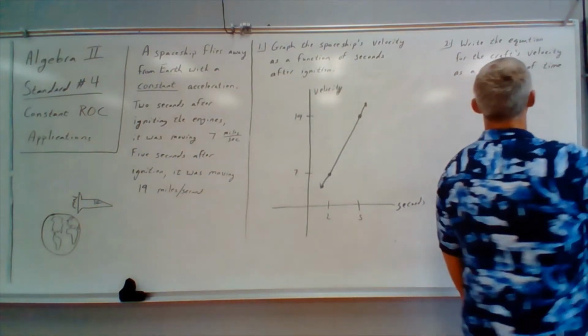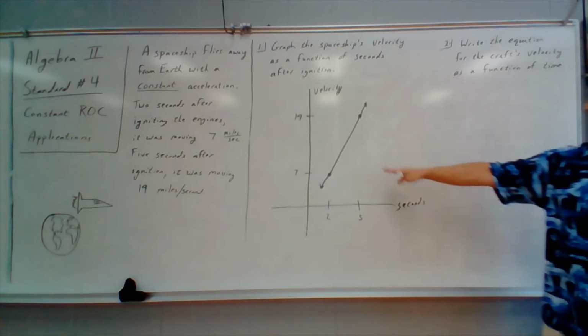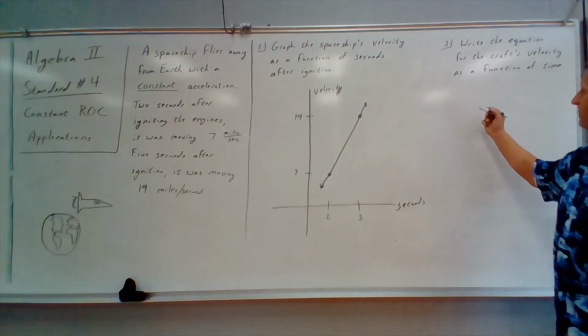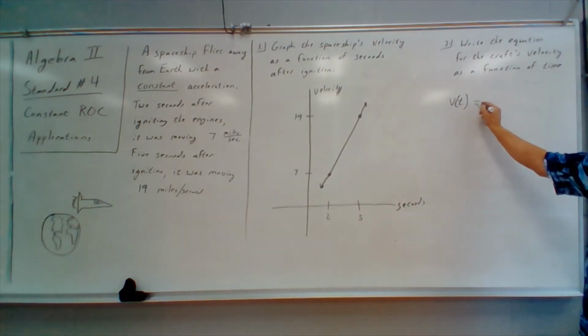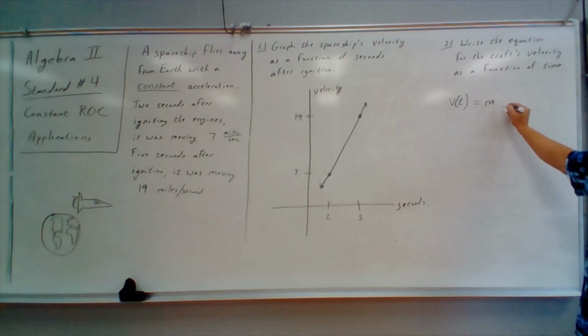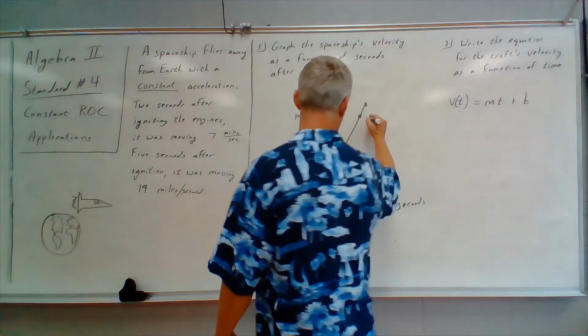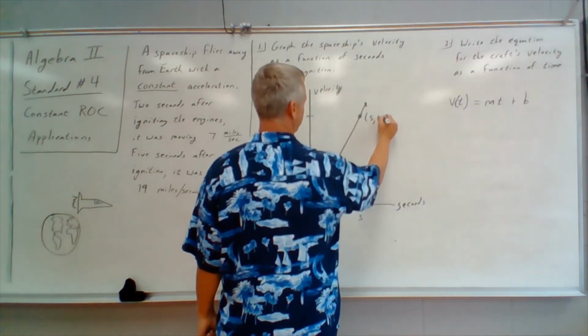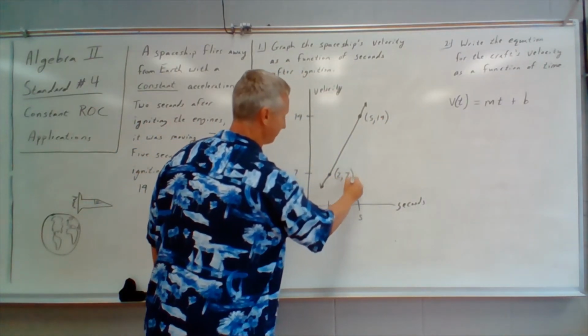All right, write the equation for the velocity as a function of time. So we're going to write the equation of this line. We will have v of t, my function for velocity, is equal to mx plus b. Instead of x, I'm going to use t: mt plus b. So we need to know the slope and the y-intercept. This point is 5, 19. This point is 2, 7.